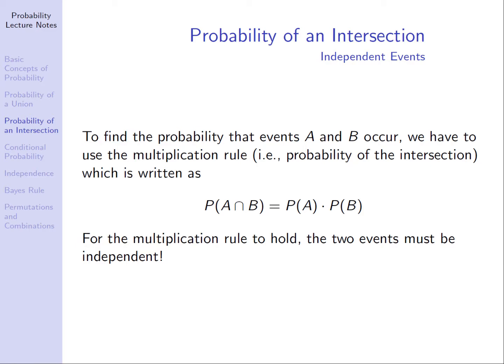Now, it is very important to realize that the rule, the probability of A times the probability of B to get the intersection, is only valid if both events are independent. We are going to consider dependent events a little bit later on.